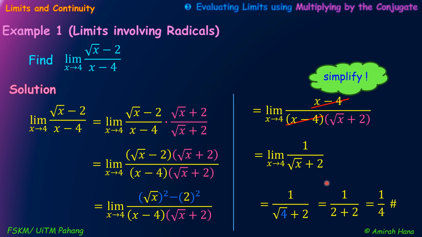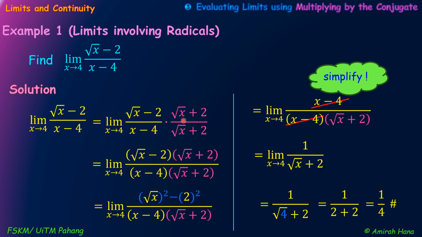If we use direct substitution, the answer equals 0 over 0, which is an error. But to solve this problem, when the function is given in radicals, we need to multiply by the conjugate. We multiply the top and bottom by the conjugate because if the top and bottom are the same term, it equals 1.